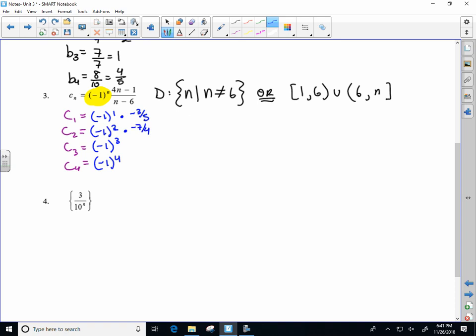If I plug in a 3, I'm going to get 11 over -3, so -11/3. And then if I plug, I screwed up. First positive. 3 minus 6, -3. I'm just focusing on this part right now.